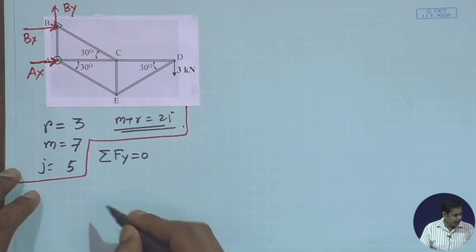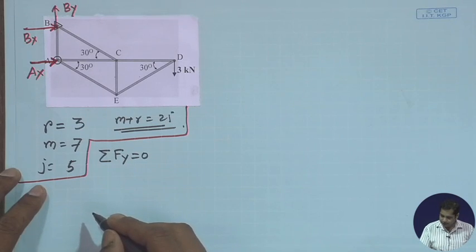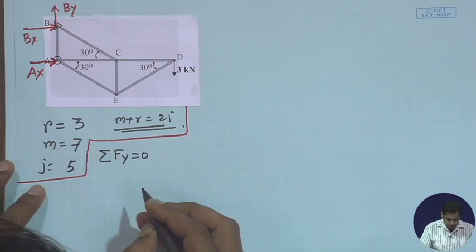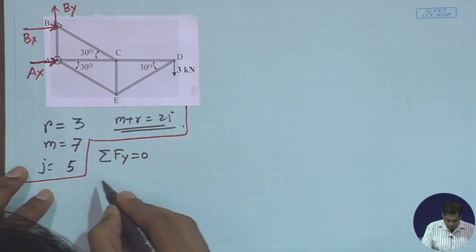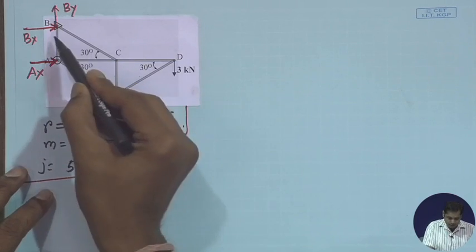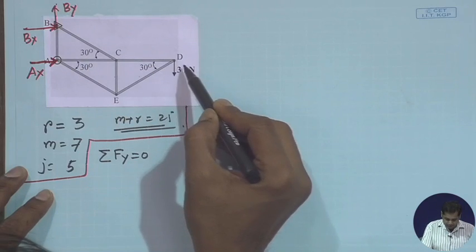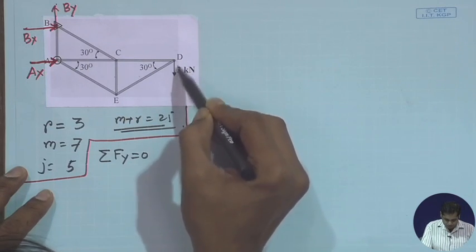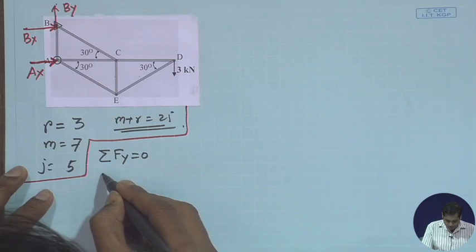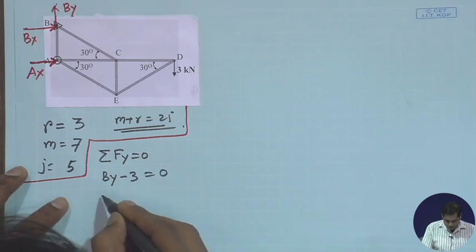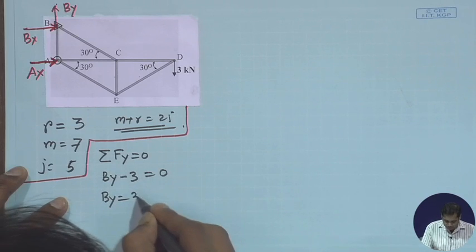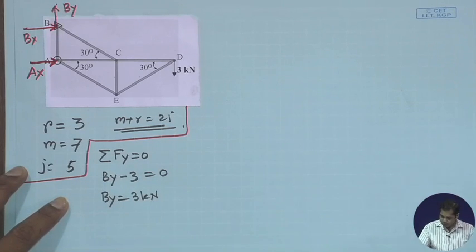This directly gives that By is equal to, what are the forces you have in the y direction? You have By, and then a downward 3 kilonewton force. So By minus 3 is 0. So By is equal to 3 kilonewton.